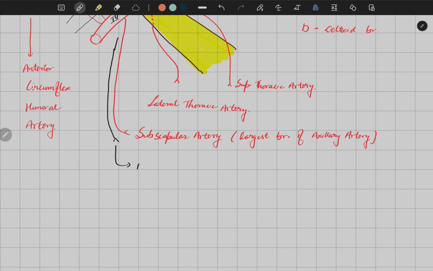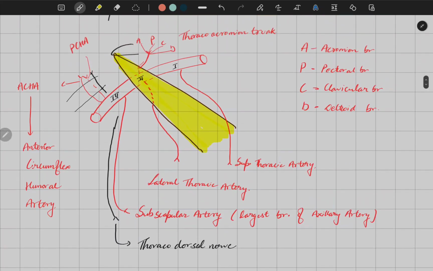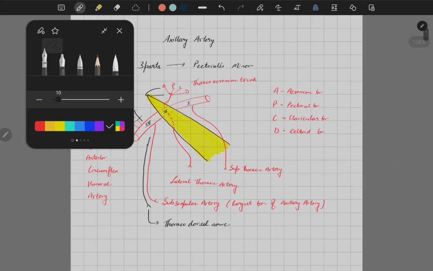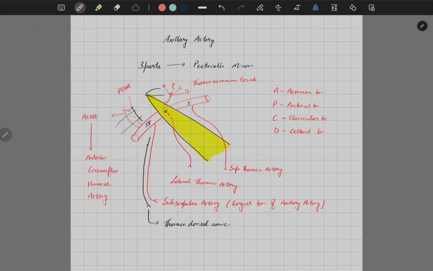It is the nerve to the latissimus dorsi, or thoracodorsal nerve. Let's write thoracodorsal nerve.